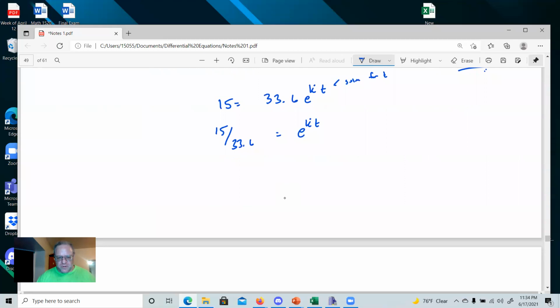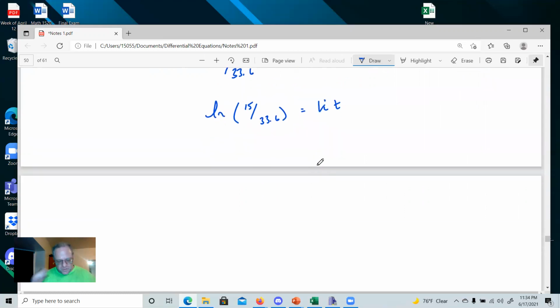Taking natural logs of both sides, ln of 15 over 33.6 is equal to k star t. Then t is equal to natural log of 15 over 33.6 divided by natural log of 2/3.